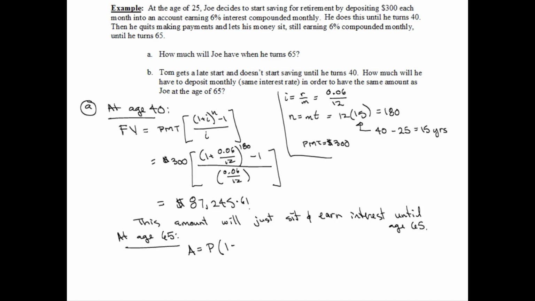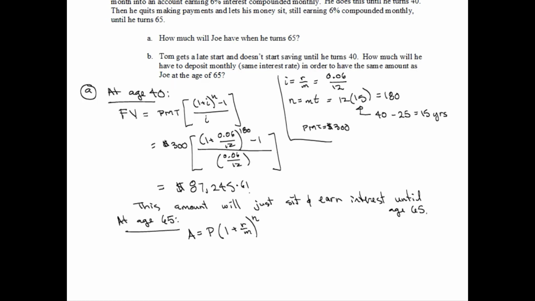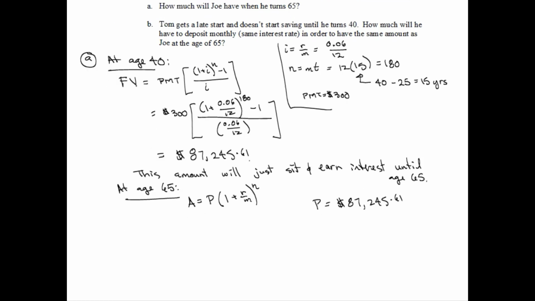A equals P times 1 plus R over M to the N. And we'll write down everything for that. My principal is what? How much money is earning interest? The $87,245.61. That's how much money is earning interest. My R over M is still 0.06 over 12.